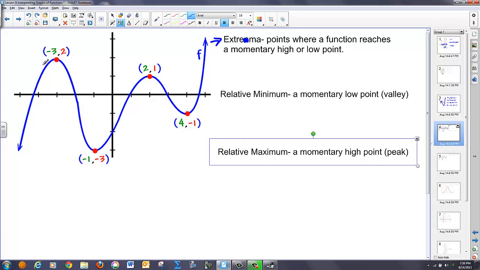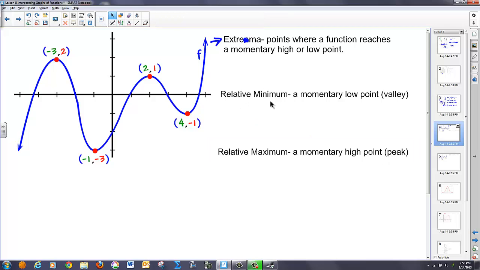Those peaks and valleys, these points in red, are all known as extrema. We talk about extrema being one of two types. Either relative minimums, in other words, they reach a momentary low value, or I call it a valley sometimes, and a relative maximum is where they reach a relative high point. So these 2 points here are peaks.